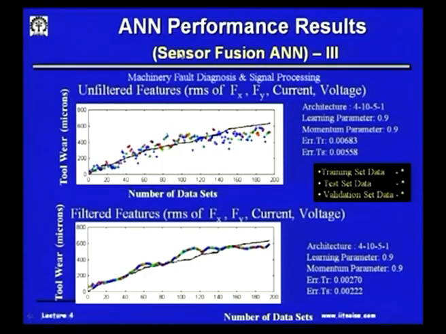Again, we did the sensor fusion in the sense of not relying on just Fx, Fy or current, but taking all of them together, okay, and then we are trying to estimate the tool wear for the different cases. So different parameters have been used, and then we could do a better estimation of the model.